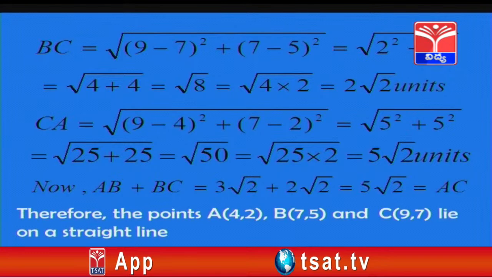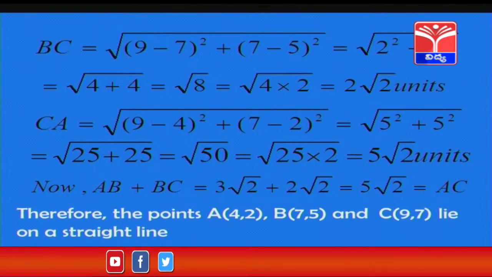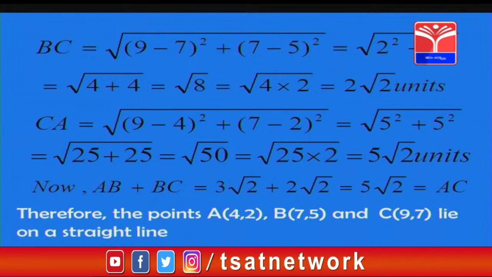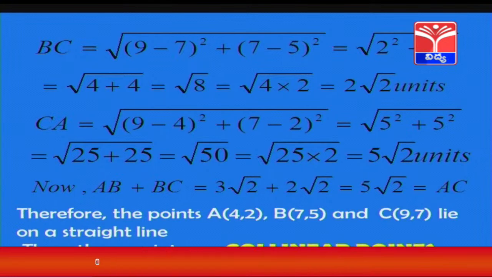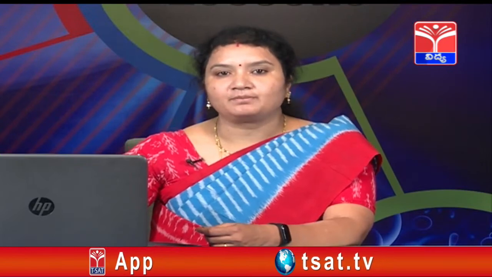So, we are able to get AB plus BC is equal to AC. So, we are able to prove that the points A, B, C are on a straight line, and these 3 points are collinear points. Now, let us consider another example.